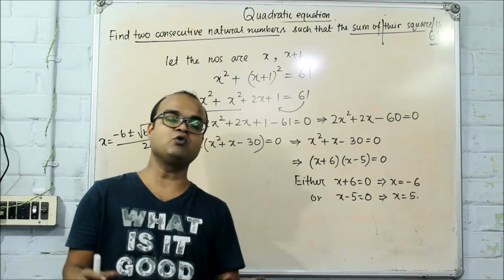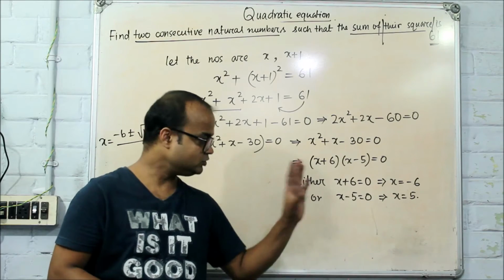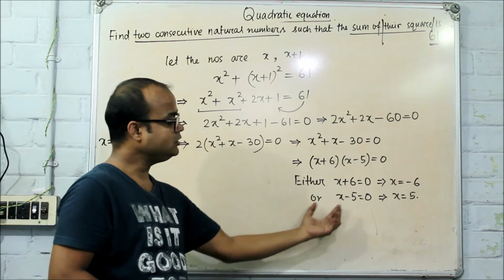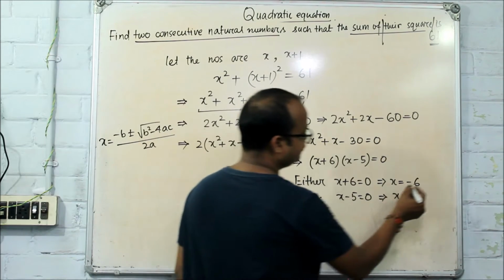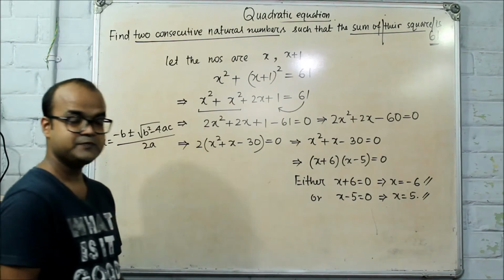Two non-zero quantities can never lead you to a 0 result. So we are using that logic: either this will be 0 or x minus 5 will be 0. So you are getting two values of x, one is minus 6 and another one is 5.